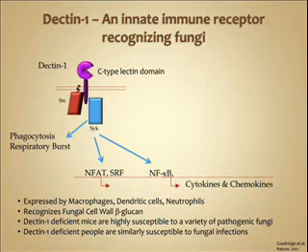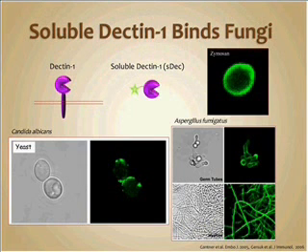So we made a soluble form of Dectin-1, okay, that we could fluorescently label. This fluorescently labeled Dectin-1 recognizes fungal cell walls. This is zymosan, which is Saccharomyces cerevisiae, Candida albicans cell walls, Aspergillus cell walls. These are the sorts of things we were interested in. And so we used this fluorescent probe to look at whether it would also recognize the kinds of fungi that we would see in the gut microflora.